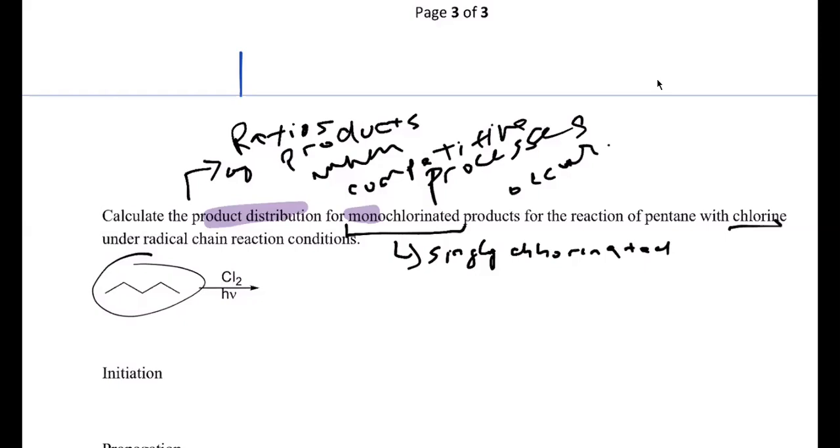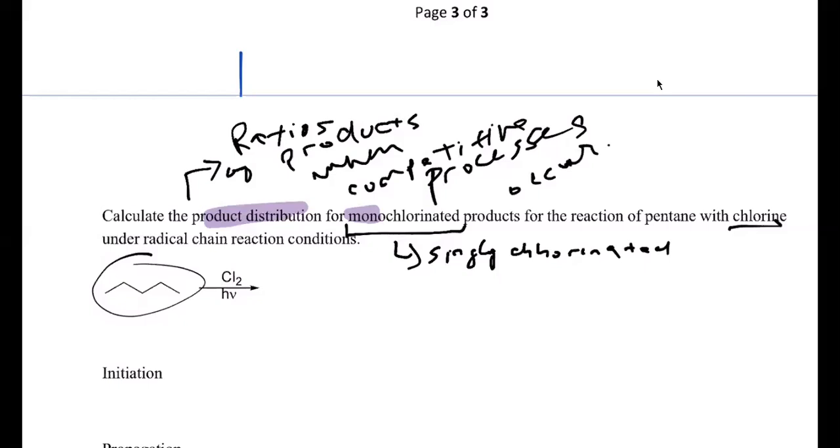Sometimes you can have two radicals combining in termination that you didn't intend to combine. I'll show you that when we get to the termination step. It's a process called disproportionation. But we'll talk about that in a minute.